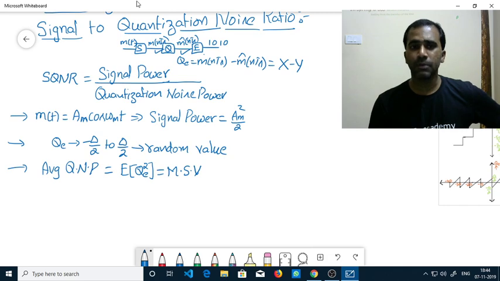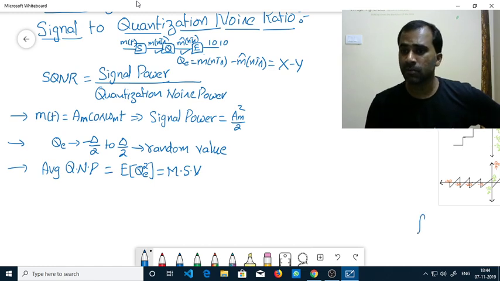This is the formula I am using because quantization error is a random value. If it was a deterministic value, then I would have used the formula: integration of modulus of QE square, with limits 0 to T, times 1 by T, something like this. This is the formula for power of a deterministic signal.